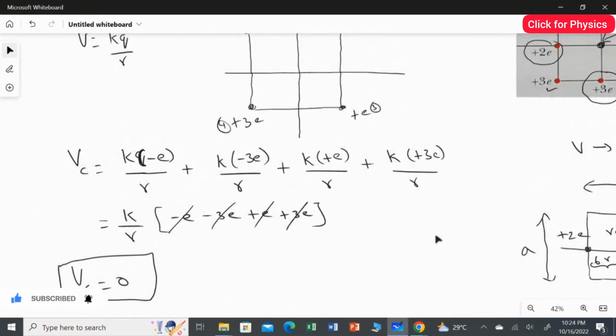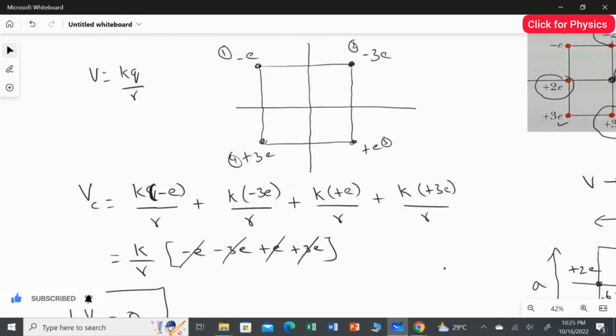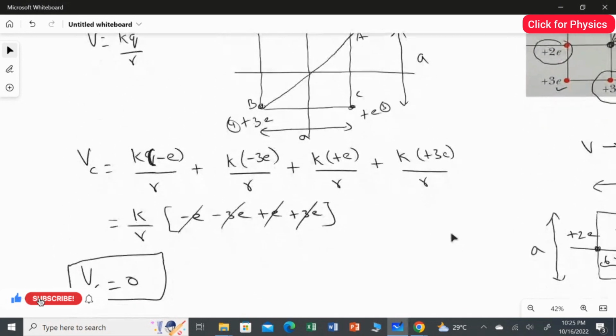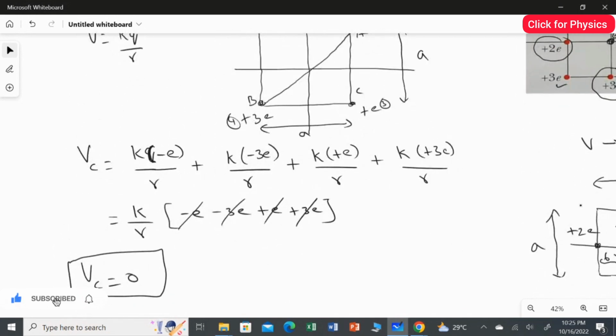So how to find the value of R for the corner charge? If you want to find it, you have to just take one triangle from here. Let's say this is A, B, C, and as we already mentioned, all edge lengths are A. So if you take this triangle ABC, we have to apply the Pythagoras theorem.